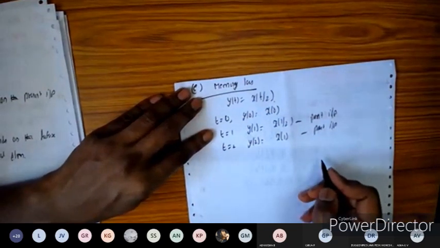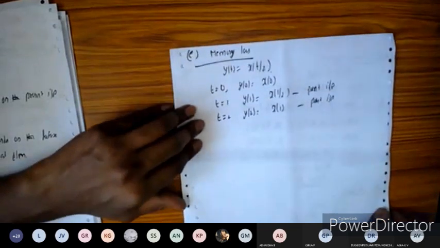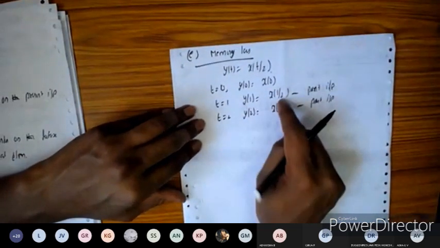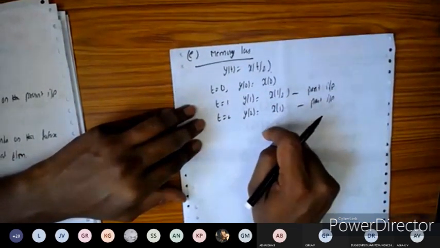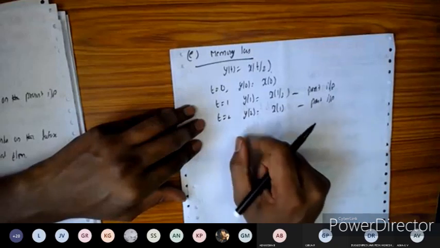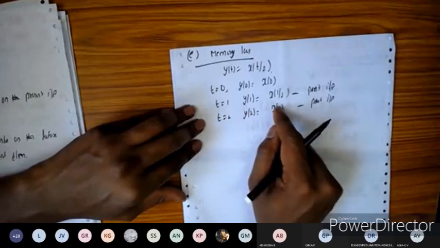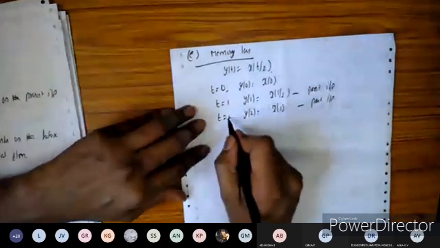So does it have memory or is it a memoryless system? The present output depends on the past input here. So it has memory. Very good.